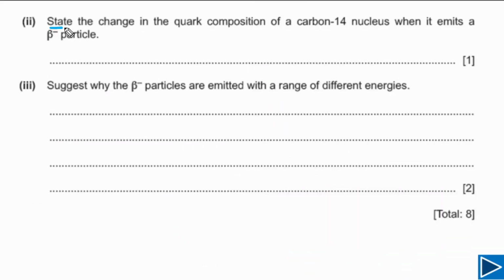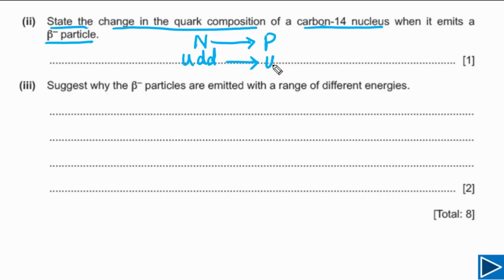For the second part, we need to state the change in the quark composition of the carbon-14 nucleus when it emits a beta minus particle. But we have already discussed that in beta minus decay, a neutron decays into a proton. Neutron consists of one up quark and two down quarks.